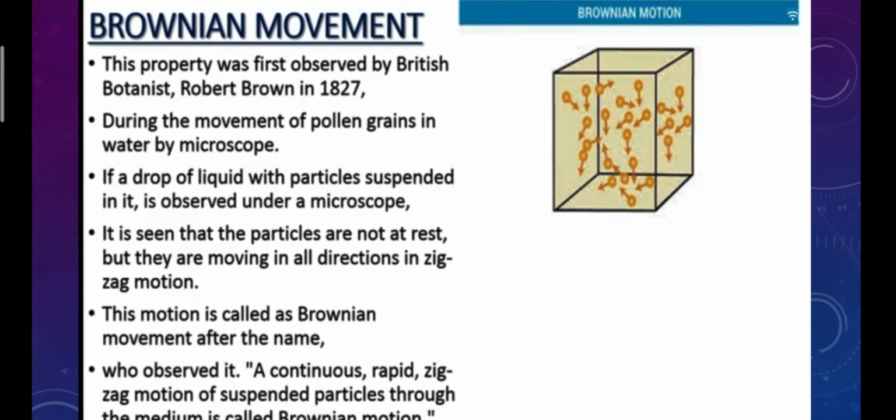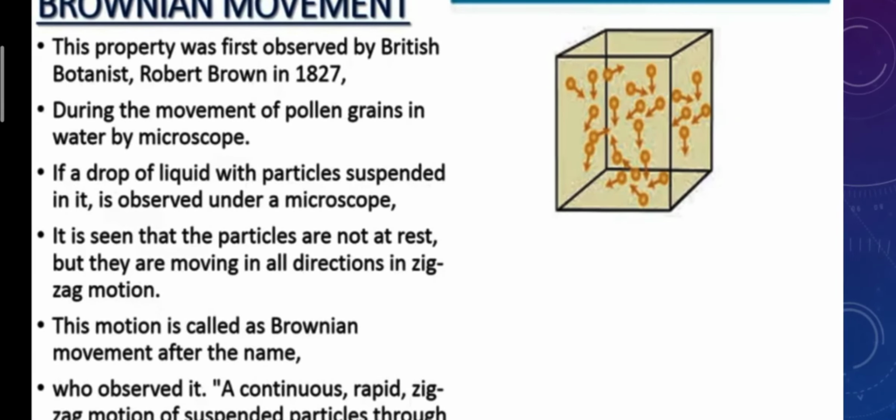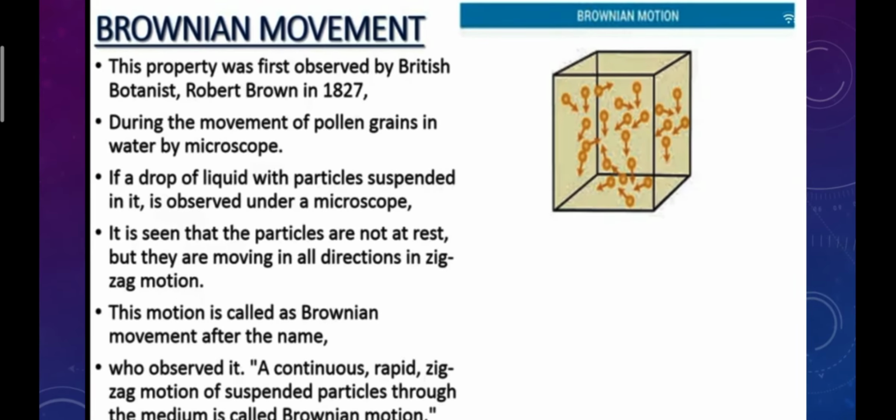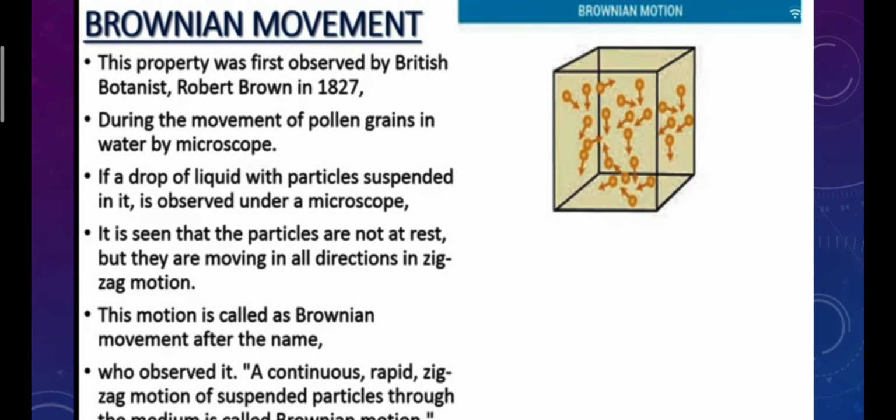Now, Brownian movement. This property was first observed by British botanist Robert Brown in 1827. During the movement of pollen grains in water by microscope, if a drop of liquid with particles suspended in it is observed under a microscope, it is seen that the particles are not at rest but they are moving in all directions in zigzag motion.